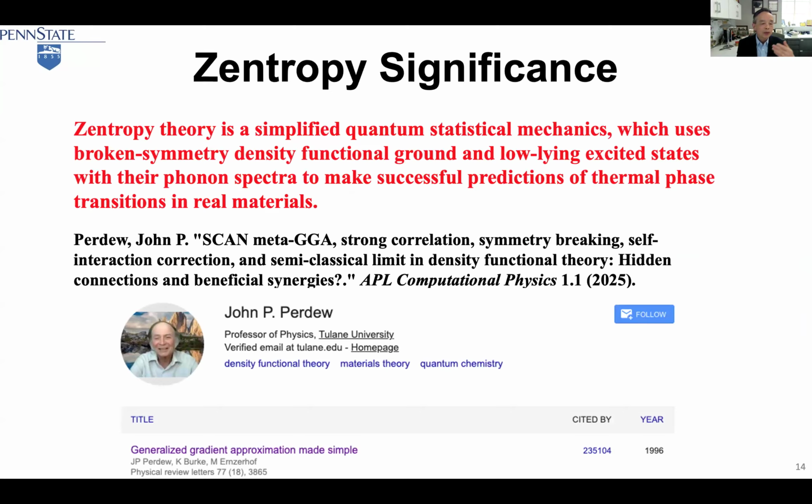Okay, and when we presented this kind of work to the DFT people, Jean Perdue, as you may know, his team created this GGA for the quantum mechanics calculations, and he pointed out that it's simplified quantum statistical mechanics. So it takes quantum entropy and adds it into the statistical entropy together. That means we can get a much better prediction of the complexity of the system.